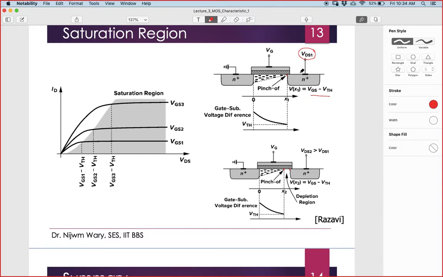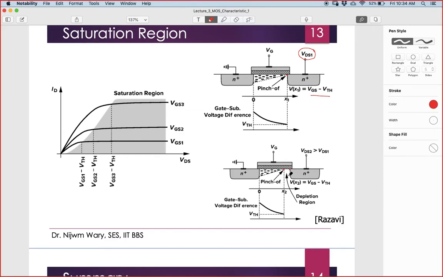Because of this pinch off formation, the current becomes constant. One can ask, if there is no channel in this region, how is the current flowing? Because this is of very high potential, whatever electrons are here just get swept.